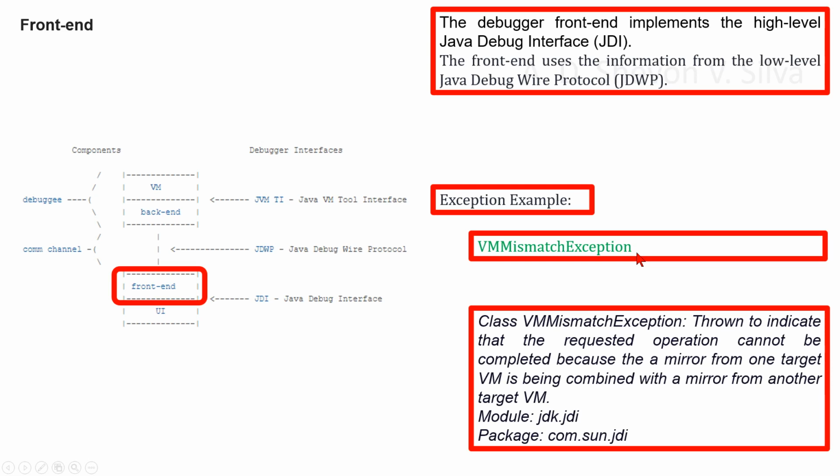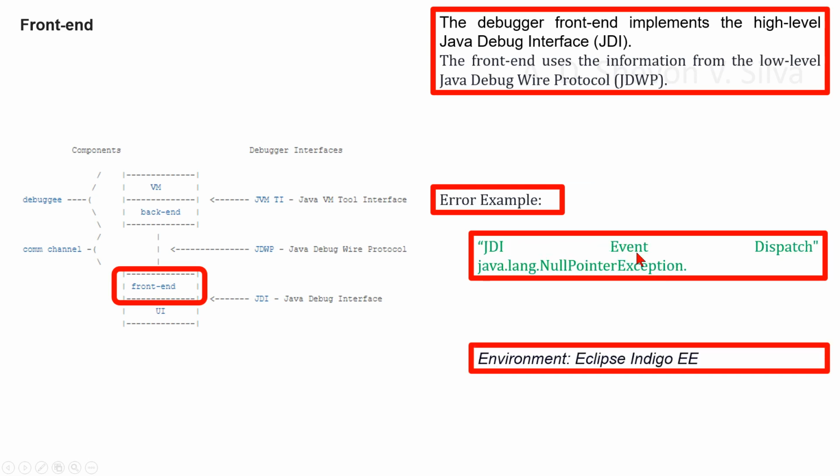This is in module jdk.jdi. This is in the package com.sun.jdi. As an error example, we can consider this one: JDI event dispatch java.lang.NullPointerException. This occurred in an environment with Eclipse Indigo EE.